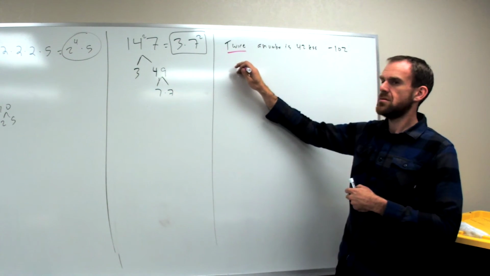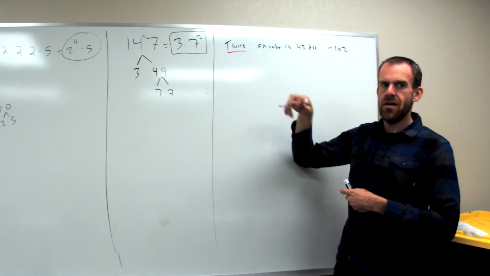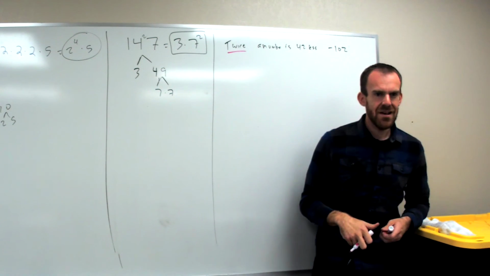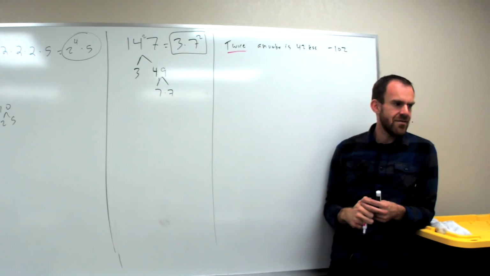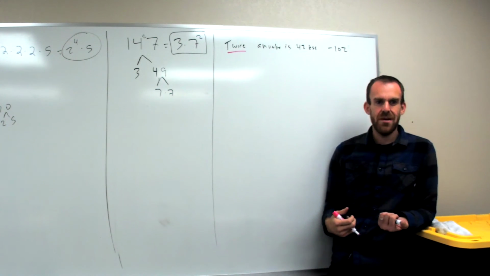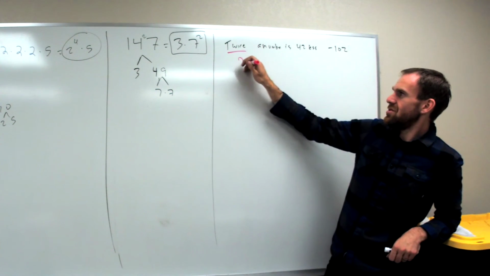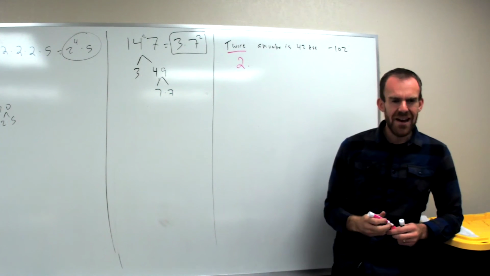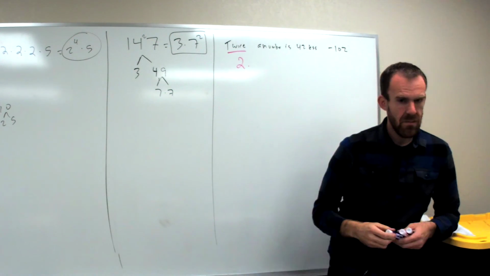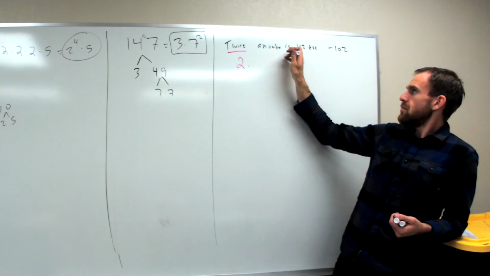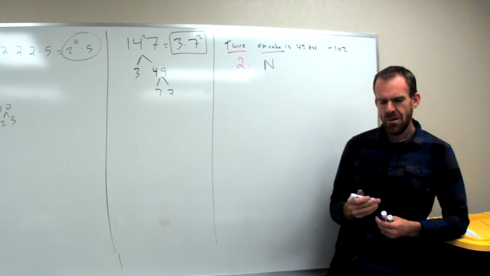So if you have 5 apples and I have twice as many, I have 10. What did you do? You multiply by 2. So this is 2 times. How would I write a number? N. A number. How would I write is?